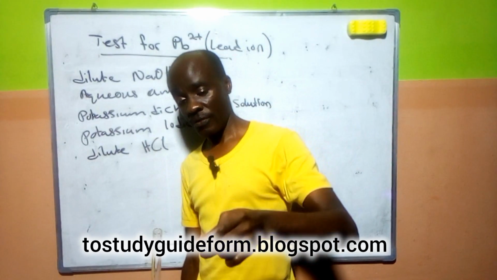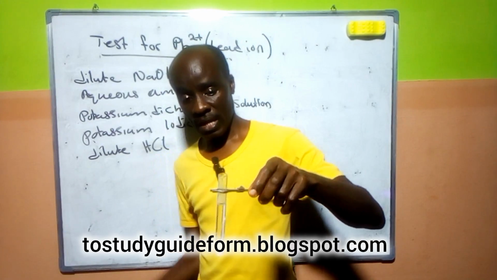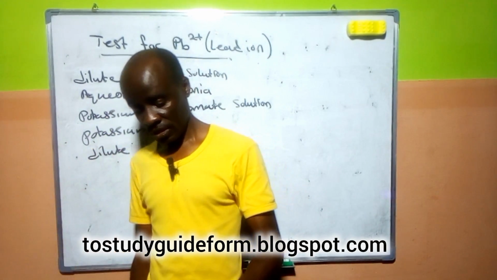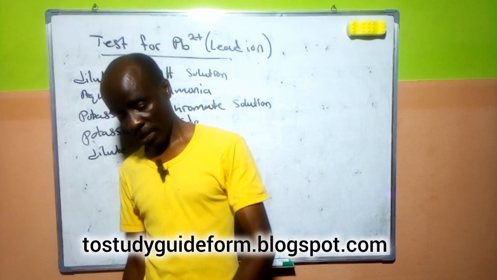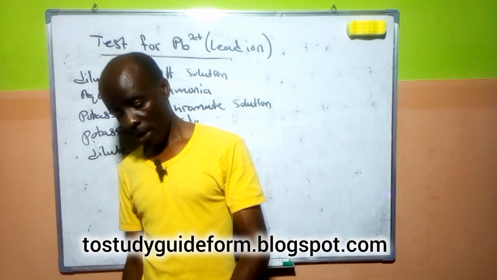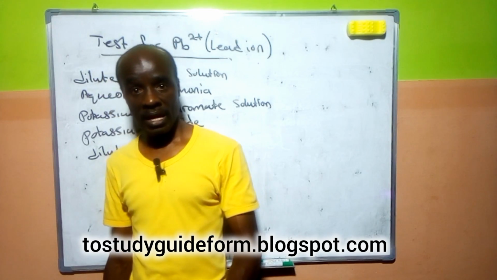It's actually dissolving now. What happened initially, why that thing could not dissolve very well, was because it was saturated. Now because I added more water here, it is dissolving completely. So this is one of the methods of identifying lead ion.